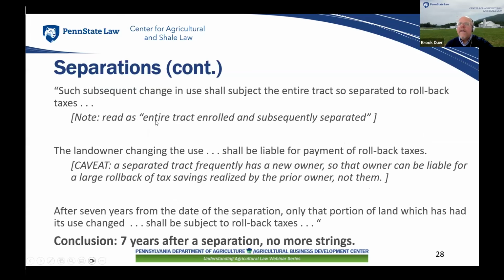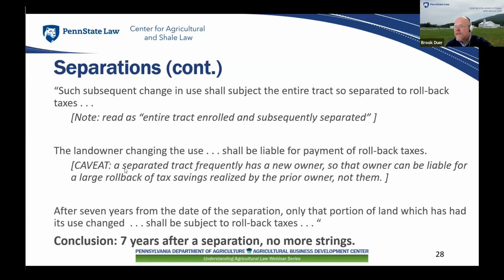And you should read this. It means the entire tract that was separated. This is really bad language in this little section. Read it as the entire tract enrolled and subsequently separated is subject to rollback taxes. The landowner who changes the use, the person that took the conveyance of those 30 acres, shall be liable for payment of rollback taxes.